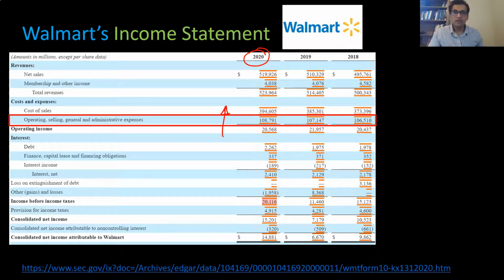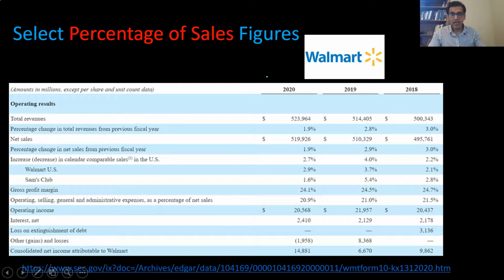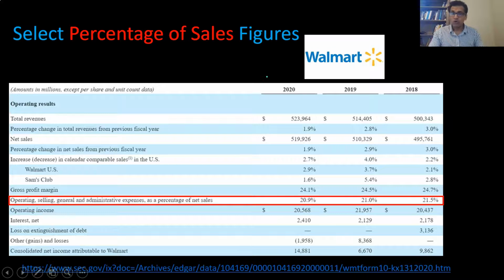Why? Because you're ignoring scale. What you're ignoring is the fact that over time, Walmart is becoming a bigger company, at least with respect to sales. We see sales increasing as well, going from 495 million to 510 million to 519 million. In fact, if you actually calculated a ratio where you looked at these selling, general and administrative expenses as a fraction of sales, as a percentage of sales, now the picture that emerges is somewhat different.